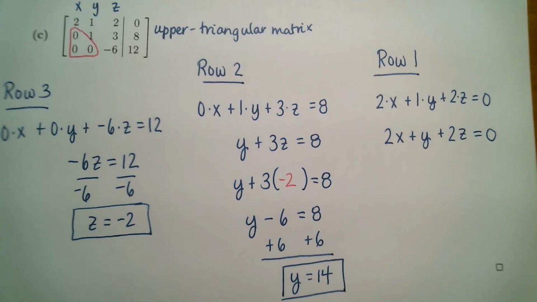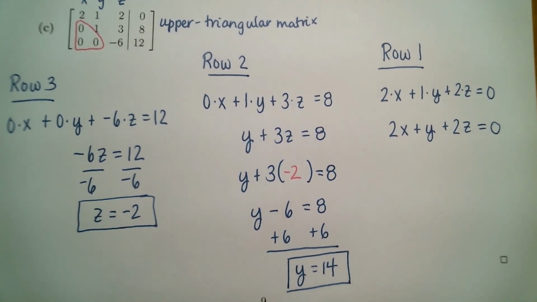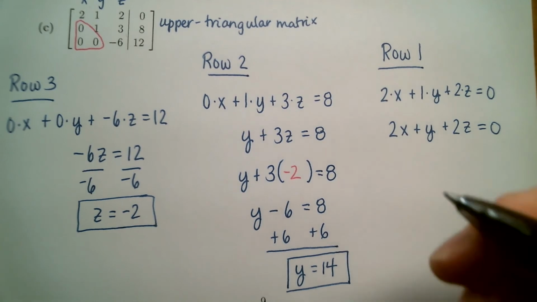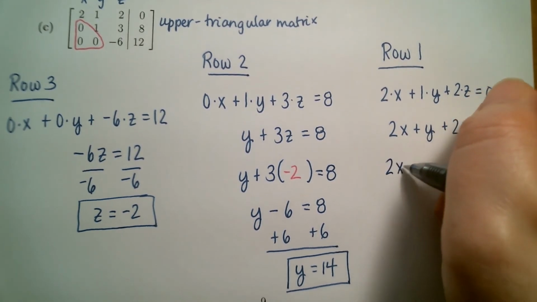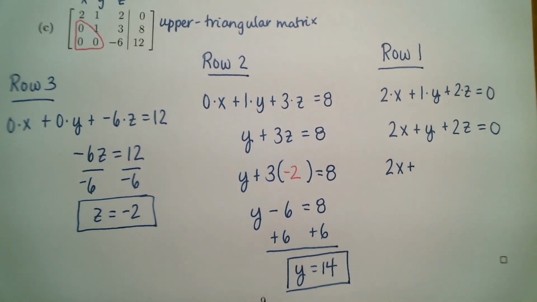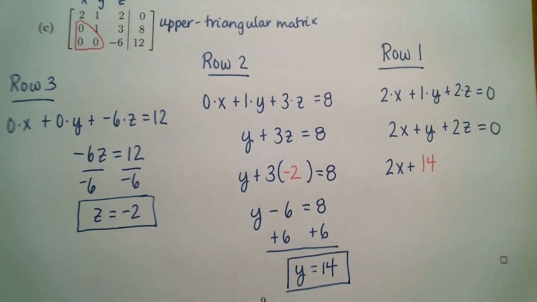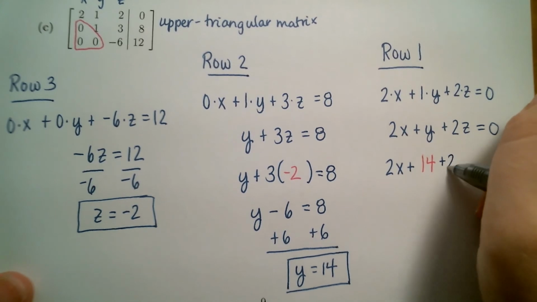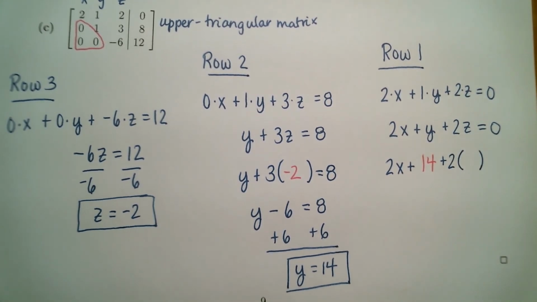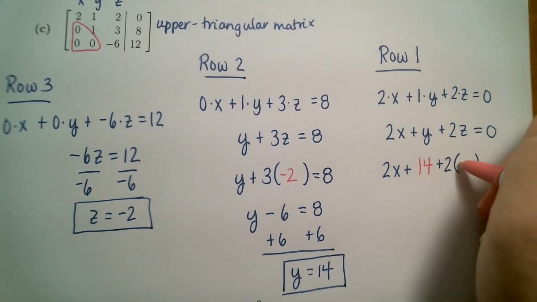We know from our other work that z has to be -2, y has to be 14. So let's pop those values in, and then we're going to be able to get x. So 2 times x plus y is 14, so I'm going to pop that in, plus 2 times z is -2, so substitute that value.